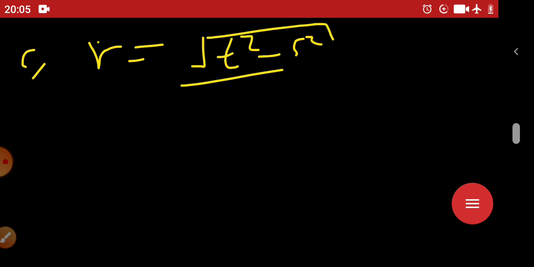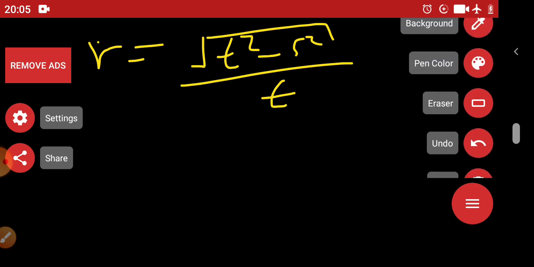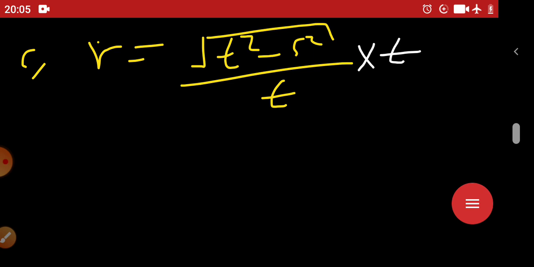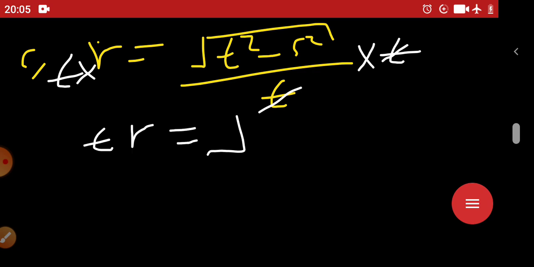The square root is in the numerator, and we have a t here, so we need to remove the t from the denominator by multiplying it. This t will cancel this t, so the left hand side we have tr, and here we have the square root of t squared minus s squared.